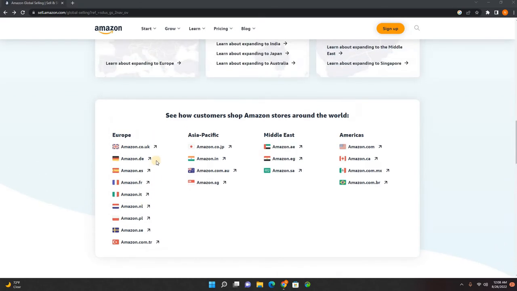This picture is very important for us to understand how we can do worldwide sales and in how many countries we can sell online on the Amazon platform. These are all the countries from Europe, the Middle East, America, and Asia. Whichever country you want to sell in, you can.